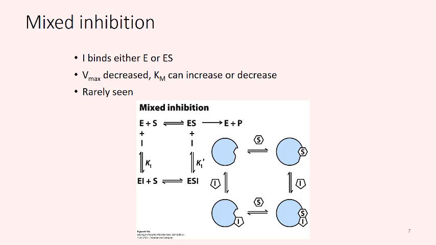Mixed can act like either a competitive or an uncompetitive inhibitor, which is why we call it mixed. The inhibitor can bind to the enzyme alone, or to the enzyme-substrate complex.